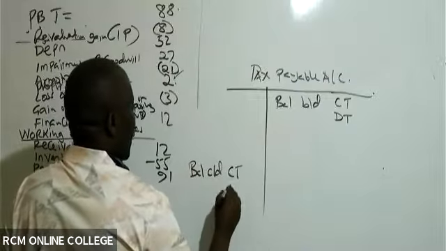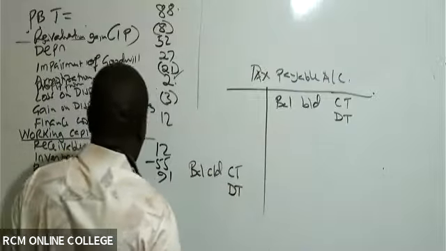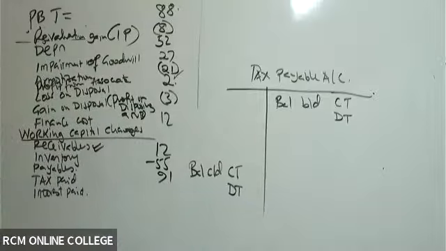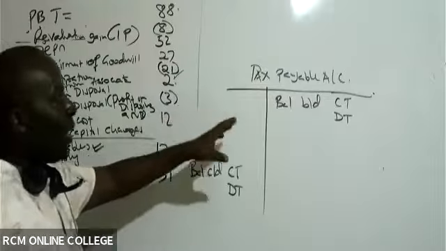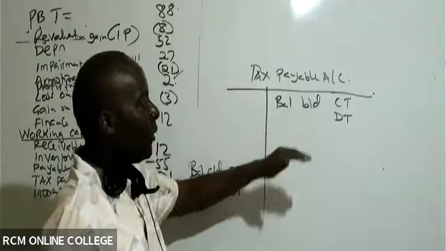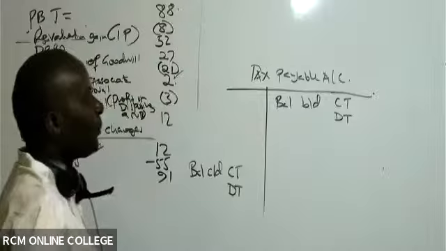So current tax, deferred tax. CT stands for current tax. Very, very easy. Remember, tax payable is a liability account, so we bring down on the credit side.